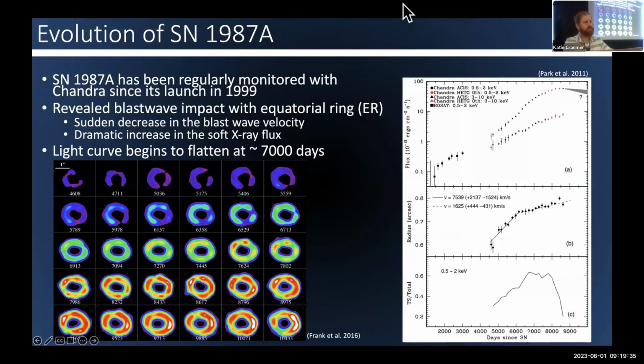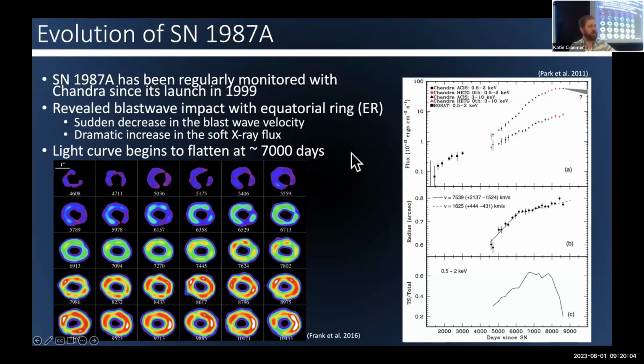You can also study the evolution of a supernova remnant using these diagnostics. So for example, the evolution of supernova 1987A, it's been regularly monitored with Chandra since its launch in 1999. So this is the evolution of the X-ray image of 1987A.